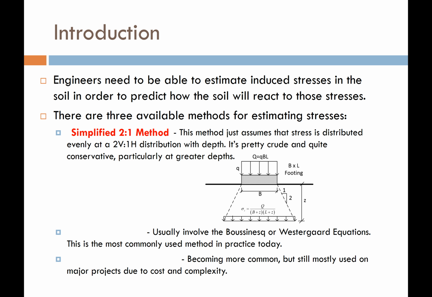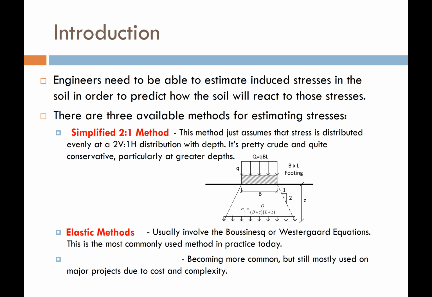Now, the method tends to be conservative, meaning that it's going to predict larger stresses than actually exist in the soil, but that's okay. Based on my observations, nobody uses this method in practice. It's just something if you want to really quickly check yourself, it's great.